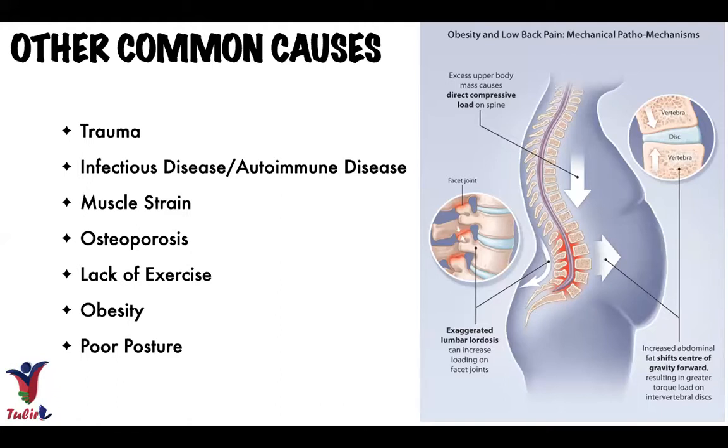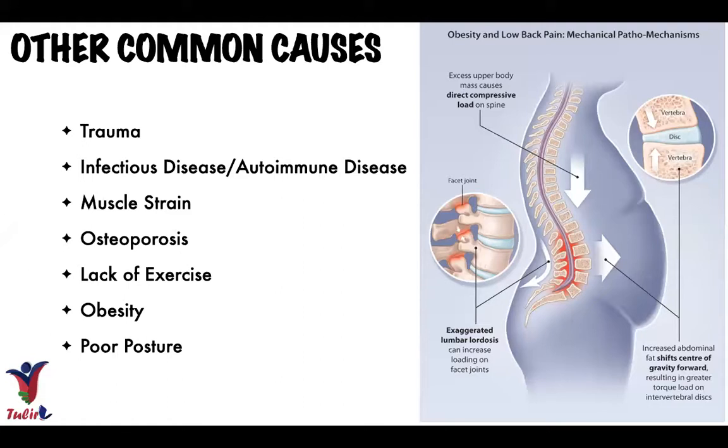And then the muscle strain. Muscle strain should not be ignored, because most of the time people suffer from muscle strain, especially in the lower back region. So how do you differentiate muscle strain, muscle spasm, from a herniated disc or spinal problem? See, muscle strain or muscle spasm is very, very localized. You won't get pain in the center of the spine. It will always be adjacent, either on the left or right side of the spine.